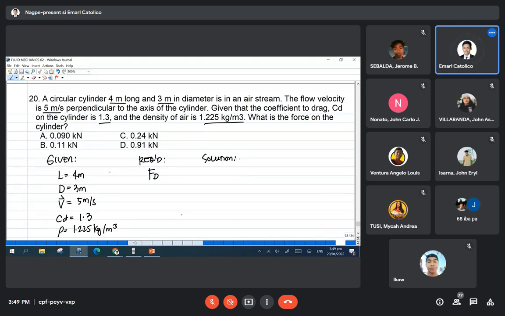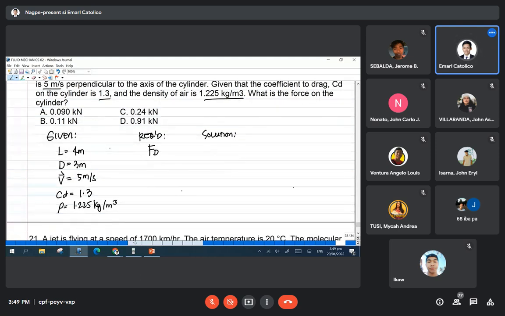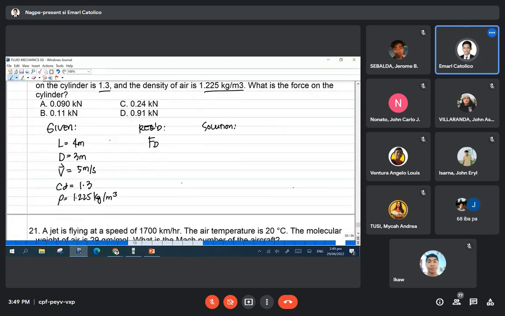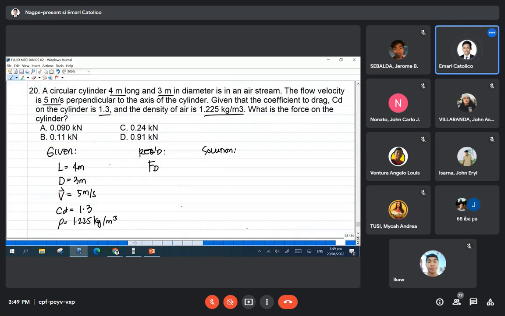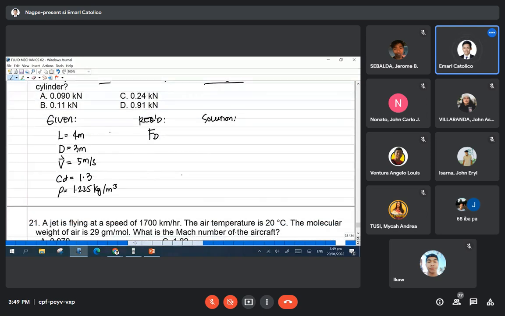Okay. So, i-drawing natin yung cylinder para makita natin yung projected area or yung area parallel doon sa flow ng hangin. Okay?